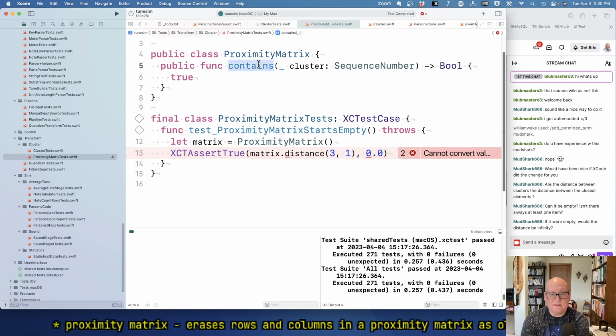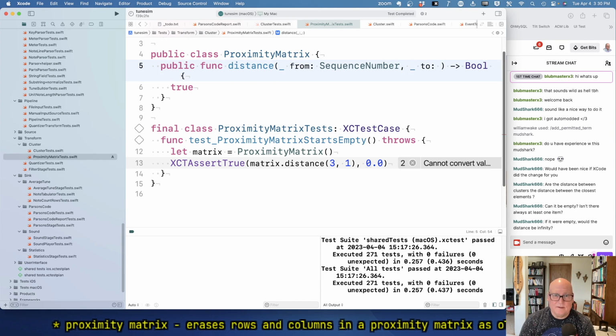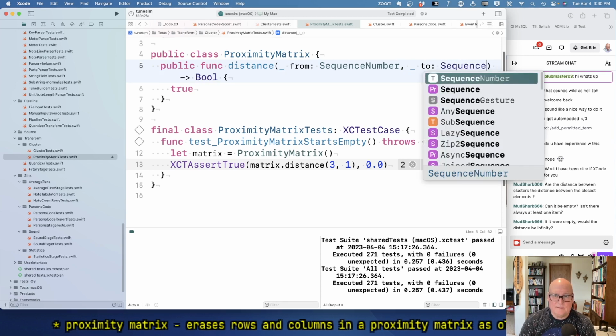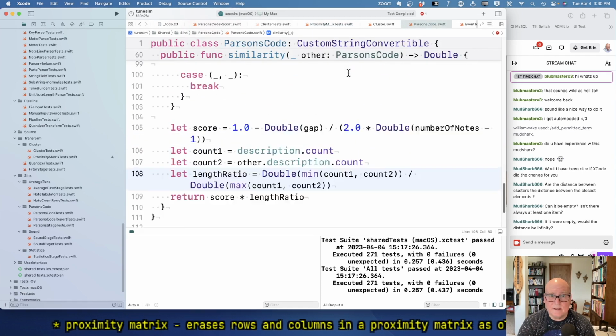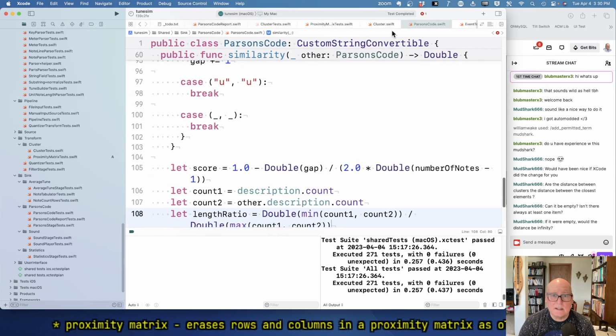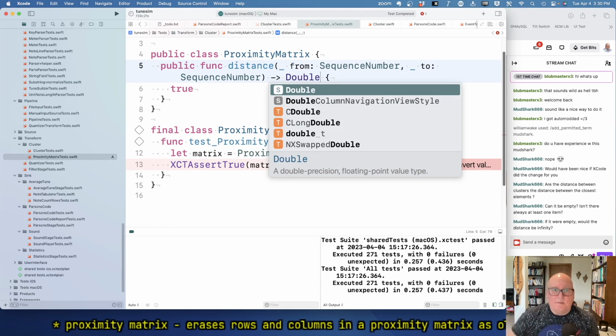Oh, well, I didn't do distance, did I? Can I say from? I can't remember if I can use that here. And it returns, right now let's just do double. This is crying out for more abstraction, isn't it?